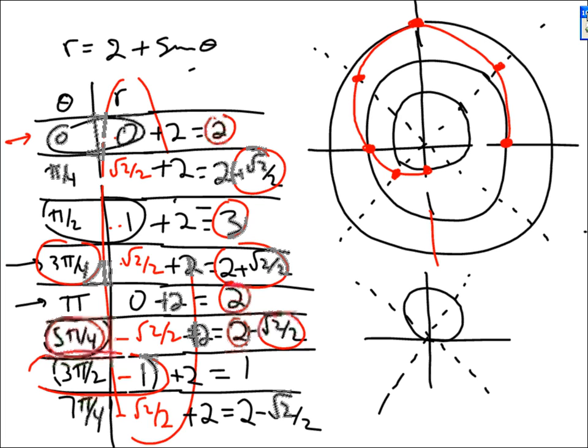And then at 7 pi over 4, I'm more than 1. And then at 2 pi, I'm going to be 0. Excuse me, I'm going to be 2. The sine of 2 pi is 0. 2 plus 0 is 2.